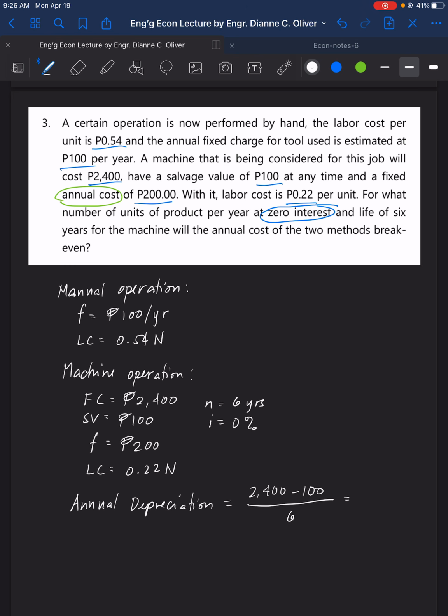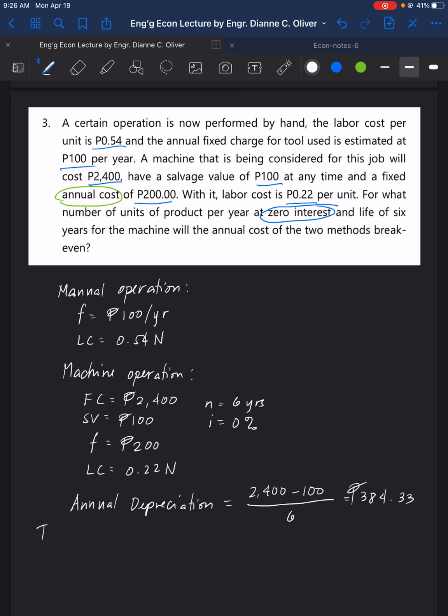Since that is 0 interest, it's just that we are dividing the amount by the number of years. There's no more interest involved. So that's why we are computing it this way. So that is 384.33 pesos for the annual depreciation cost.